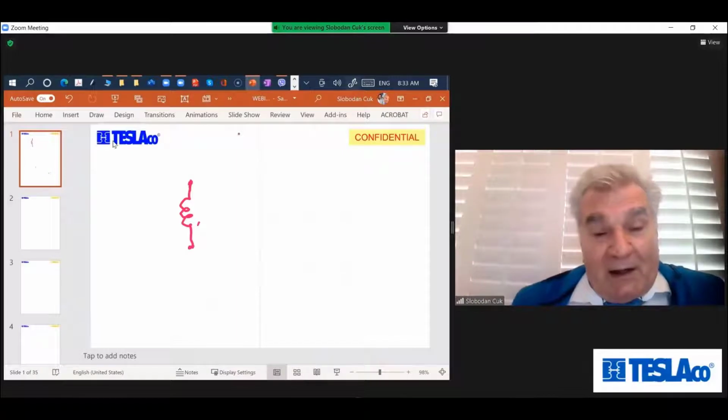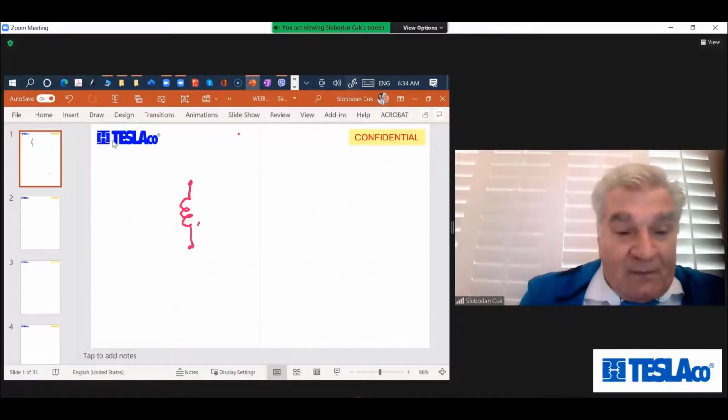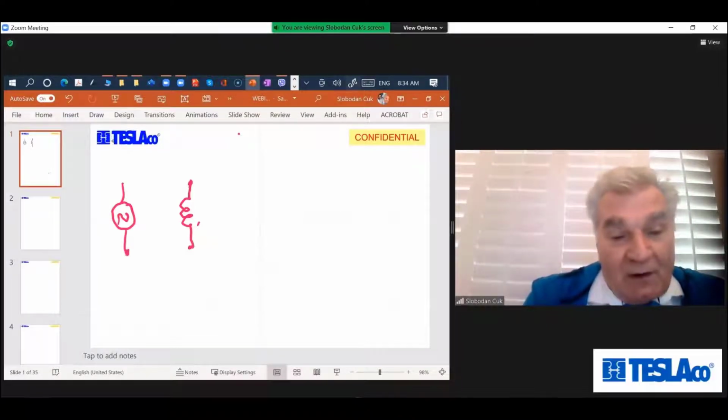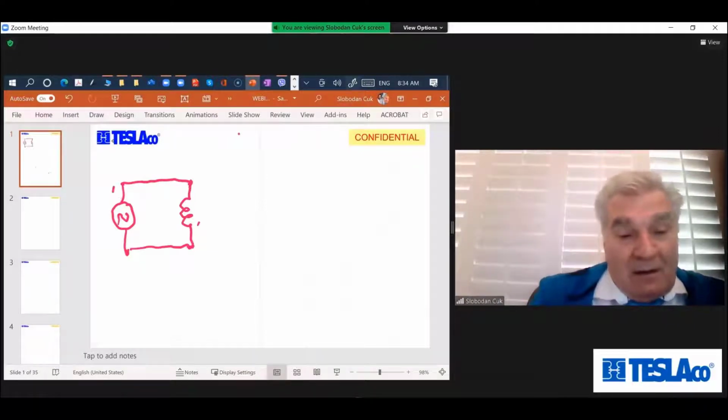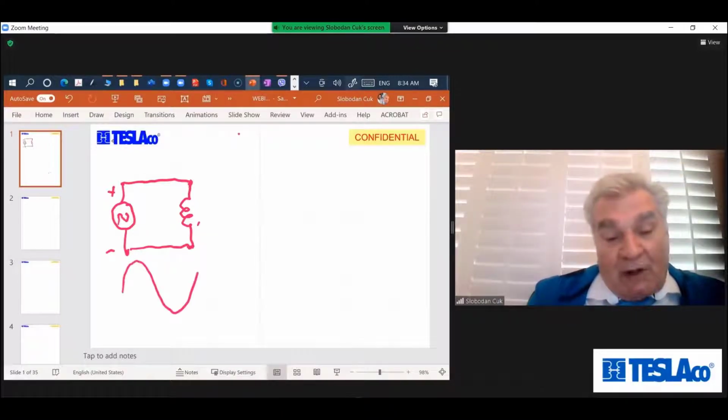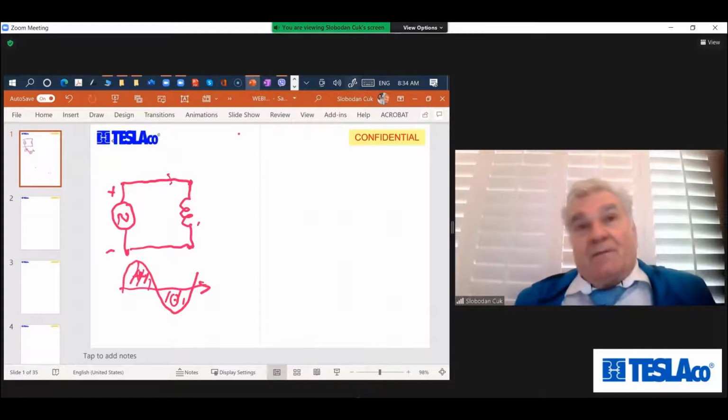But really, once Tesla came up with the alternating generator, you see, with a sinusoidal voltage, which automatically has a positive and negative volt-second balance, there is no DC current introduced here.